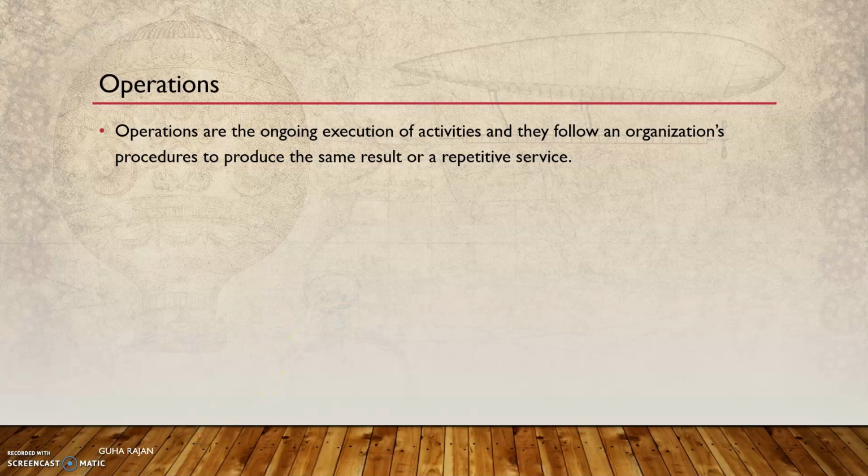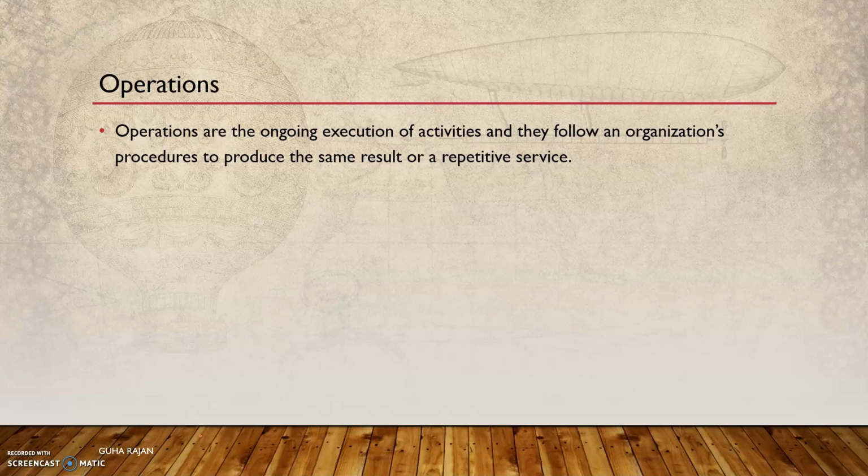Let us now quickly look at what operations are. As we discussed, a project has a start date and an end date. Whereas operations are an ongoing execution of activities, one after another in a defined pattern, in order to produce some product or result, or it could be a service.